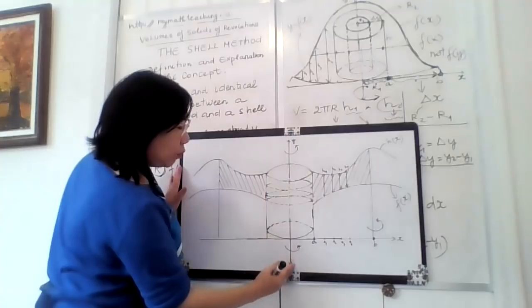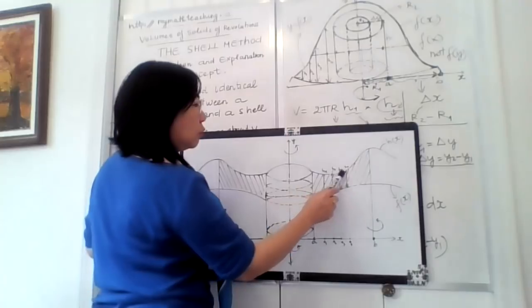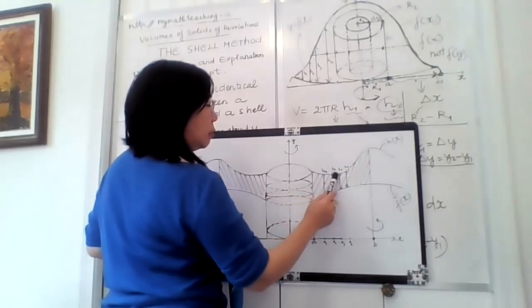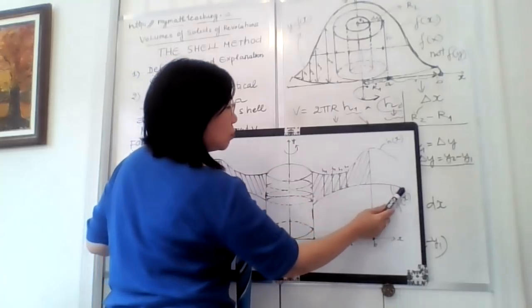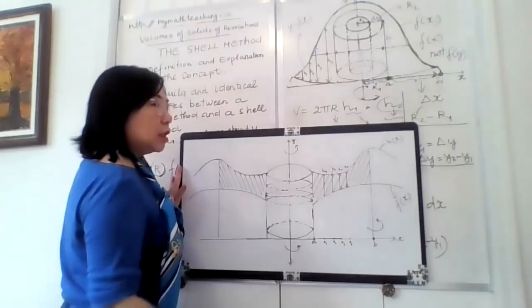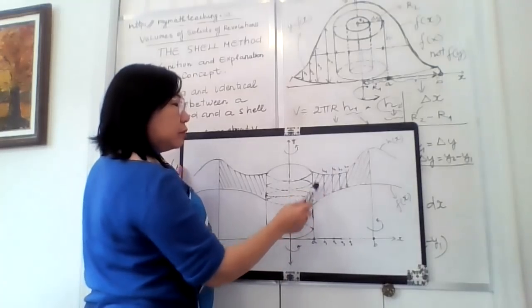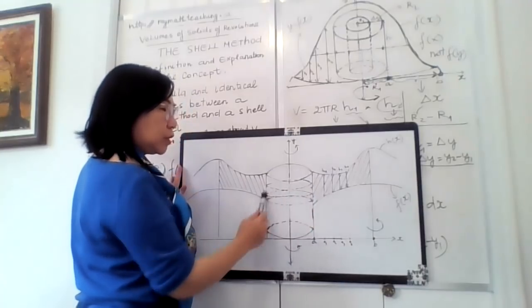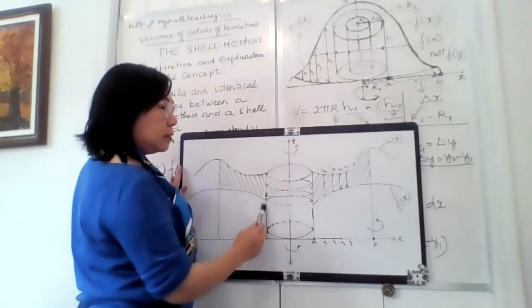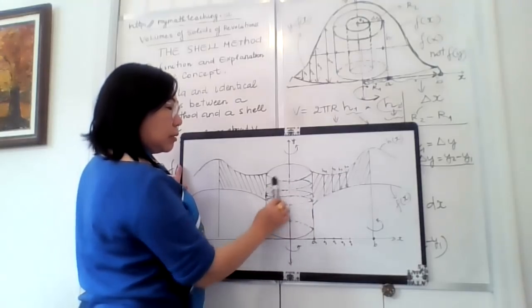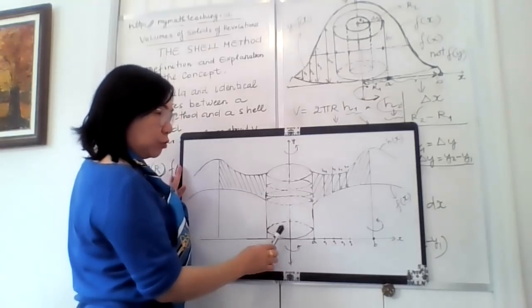So let's talk about halfway here, on the right hand side. If we have two functions, let's say you have the first function, we call it h of x, and we have a second function this way, we call it f of x. So we're going to generate the volume of this solid of revolution using the technique of the shell method. And that's why I draw the cylinder here, one shell here.